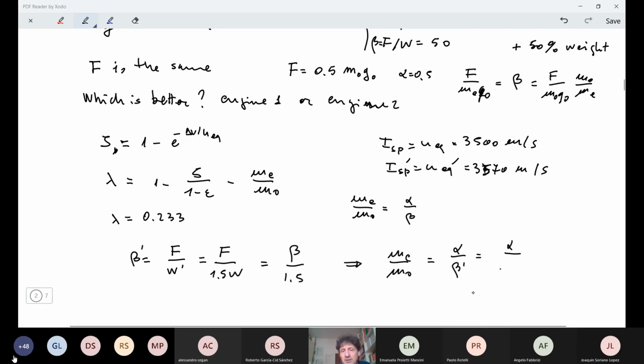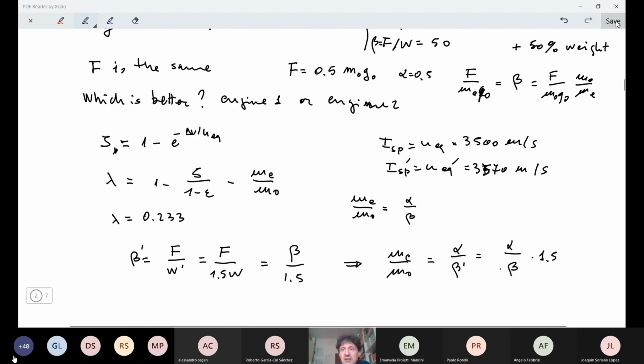So alpha over beta multiplied by 1.5. Of course, we had here the mass of the engine, so it's easy. We just have to multiply here by 1.5.